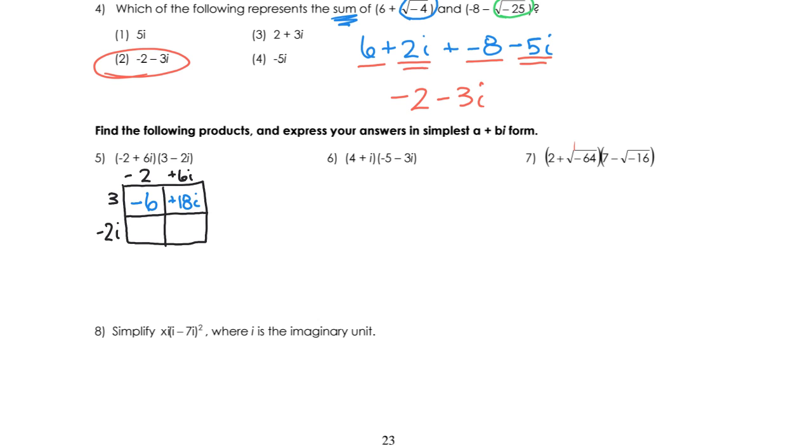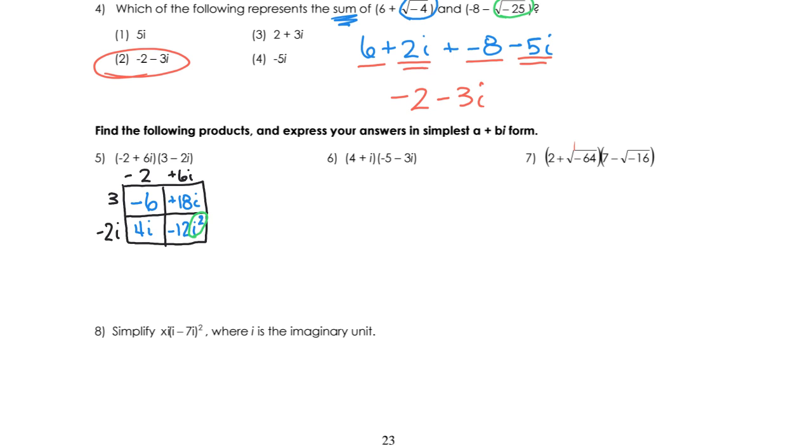Here we're going to have a positive 4i, and here we're going to have a negative 12i squared. Okay, and so we'll go ahead and simplify. One difference that we're not used to is that normally with an x squared, when we have x as our variable, we leave it x squared.